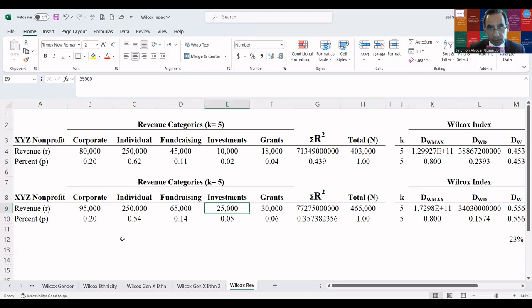Investment revenue I increased to 25,000 from 10,000. Grant revenue I increased to 30,000 from 18,000. Gives me a projected revenue of 465,000 total. Again, if I square each revenue item, that's going to give me this astronomical number again.